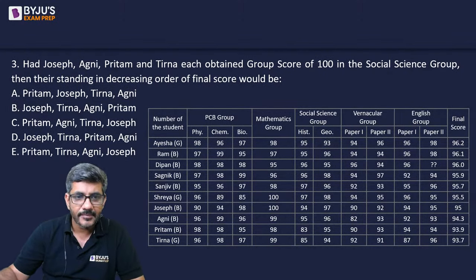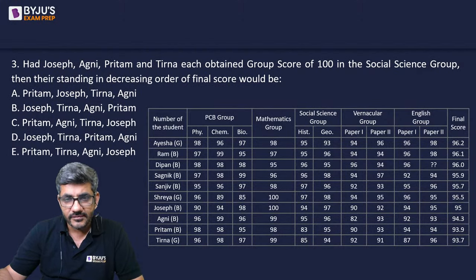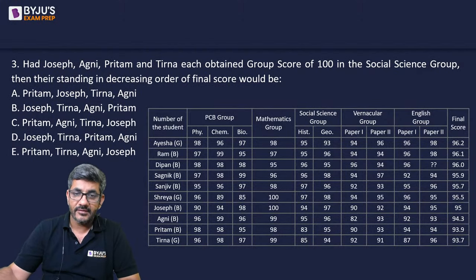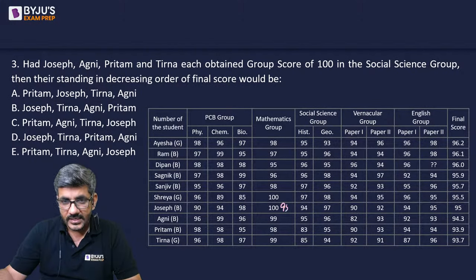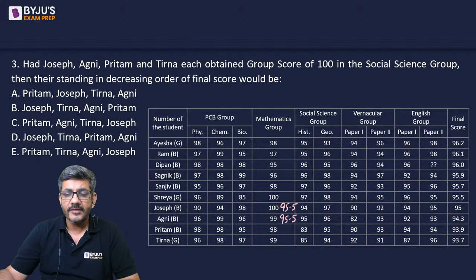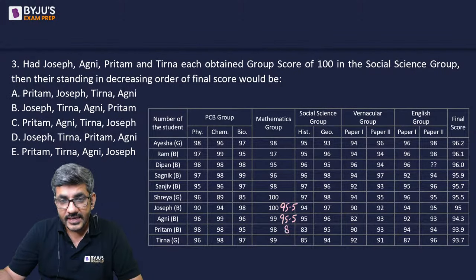Let's see this first. The current group score of Joseph is (94 + 97) divided by 2, that is 95.5. Current group score of Agni is (95 + 95) by 2, that is again 95.5. Current group score of Preetham in social studies is (83 + 95) divided by 2, that is 89.